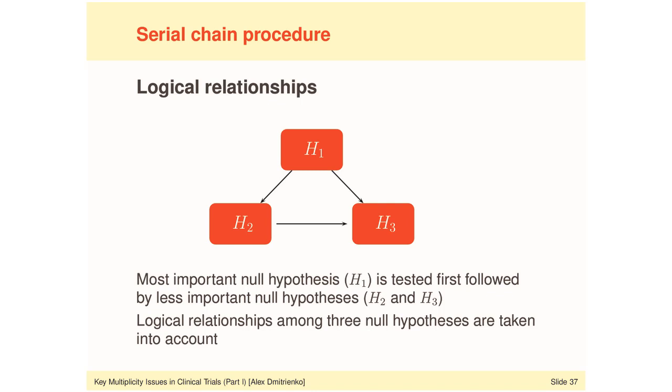It should be tested first, followed by H3, and therefore the important message here is that the chain testing approach enables clinical trial sponsors to build flexible multiple testing procedures that are customized, that are tailored to the objectives of each individual clinical trial.